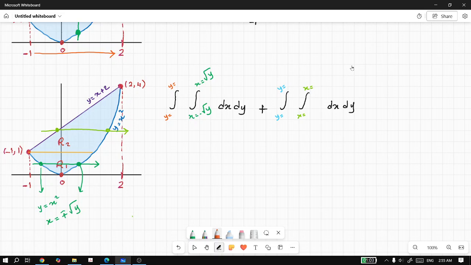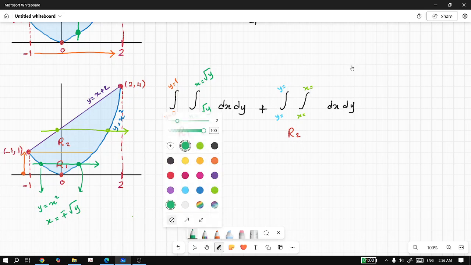The y limits for region 1, it starts from here and ends here. So it starts from y equal to 0 to y equal to 1. So that's the first region. Here this is the integral over r1, and this one is the integral over r2.